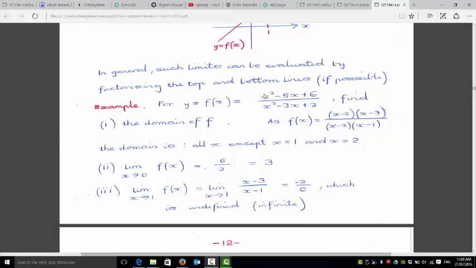In the numerator, x squared will become 0 and minus 5x will become 0. In the denominator, x squared will become 0 and minus 3x will become 0. Only the remaining part matters, which indicates that the limit of the original function when x approaches 0 is 3.